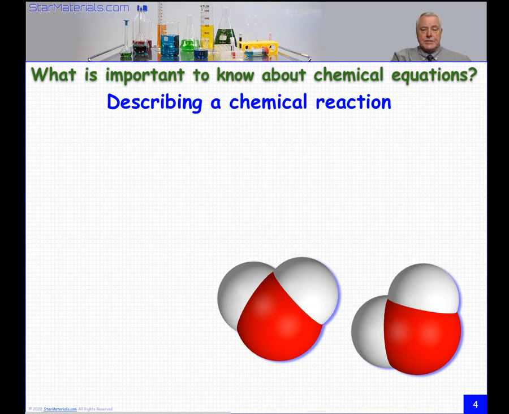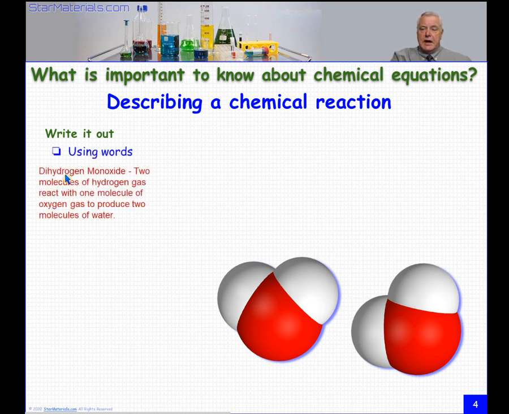Describing a chemical reaction. We can write it out using words. Two molecules of hydrogen gas react with one molecule of oxygen gas to produce two molecules of water. Dihydrogen monoxide is another name for H2O.